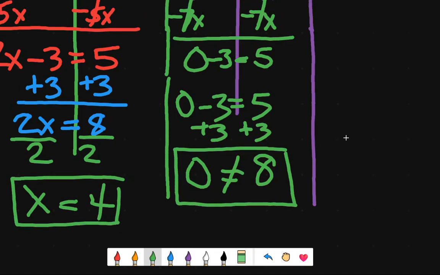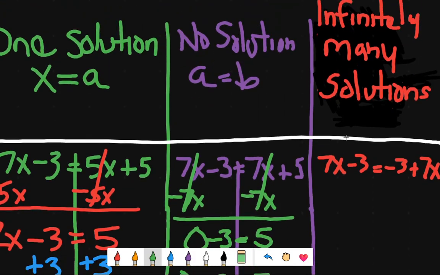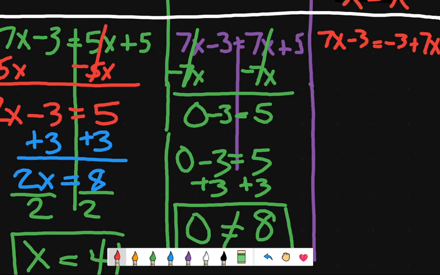And so when we have infinitely many solutions, actually it's going to be x, put that in red here. X is equal to x. That means both sides are going to be equal to each other. So now, just like in the previous equations, we don't have anything we can combine on both sides. Meaning that there's nothing you can do with 7x minus 3. You can't subtract 3 from 7x.